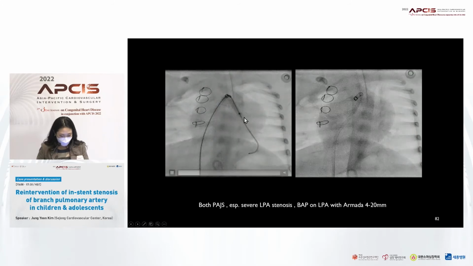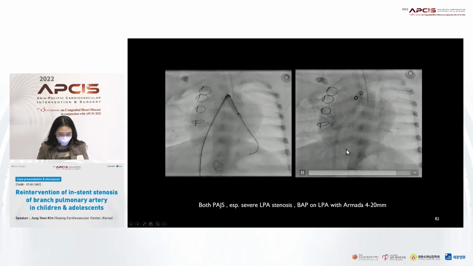And also severe LPA stenosis with hypoplasia, we did balloon angioplasty on LPA with a 4 millimeter balloon. The final angiogram shows slightly increased PA size and also no definite multiple peripheral pulmonary stenosis at this time, I think.